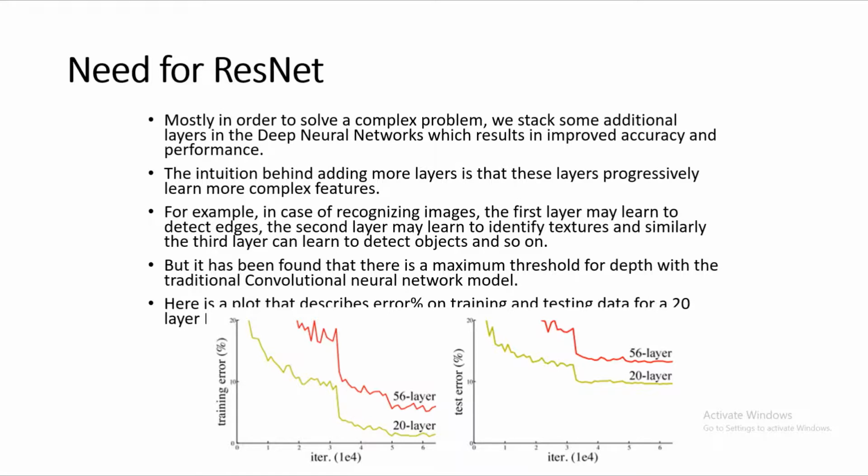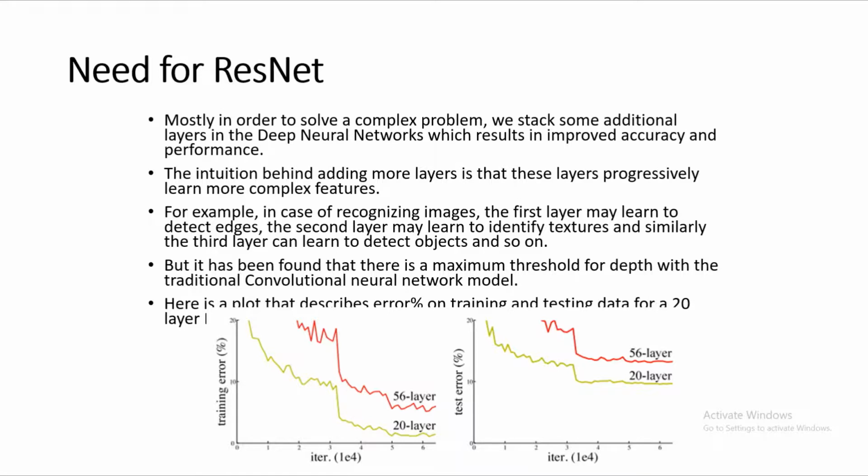So we can see here a basic plot, in which we can see the training and testing error percent for the 20 layer and 56 layer networks.